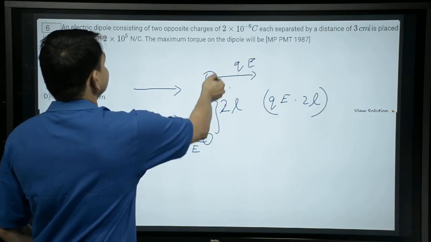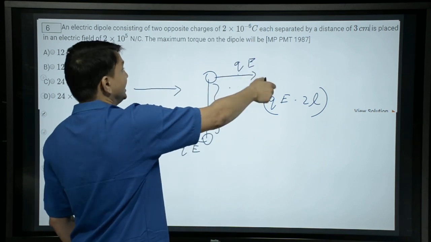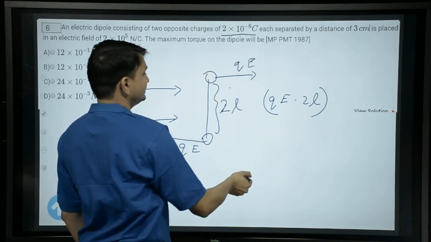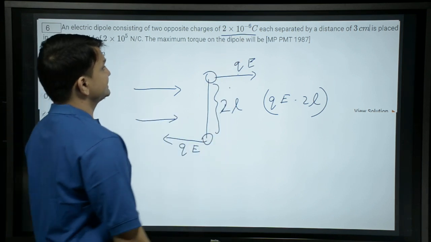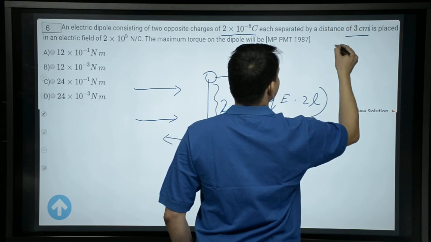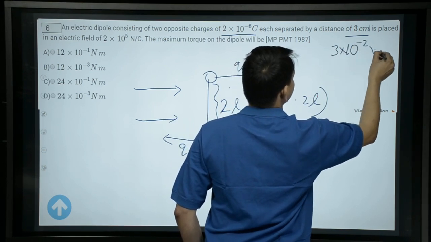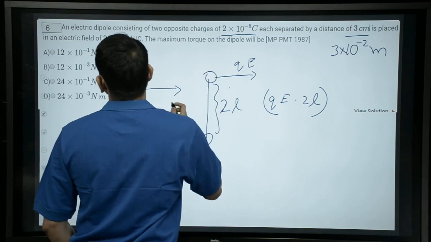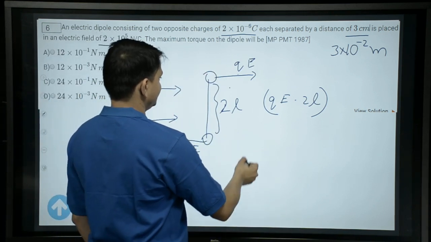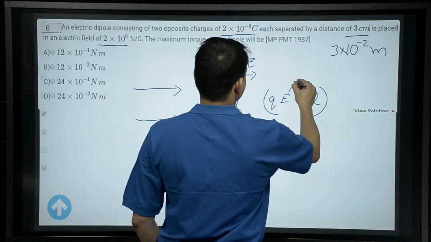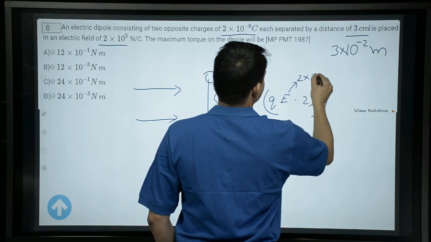Now consider the charge here, 2 into 10 to the power minus 6 coulomb, and the distance 3 centimeters, so we can write it as 3 into 10 to the power minus 2 meter, placed in an electric field of 2 into 10 to the power 5 newtons per coulomb. So here our electric field is 2 into 10 to the power 5.